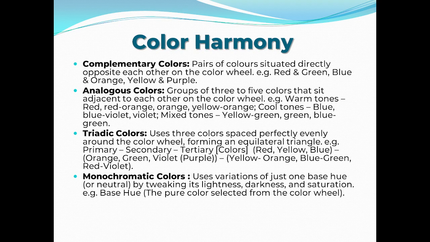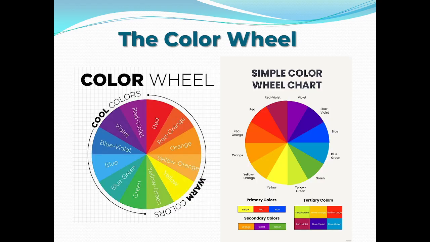If you look at this example, triadic colors: red, yellow, blue, forming an equilateral triangle. That's the primary system.